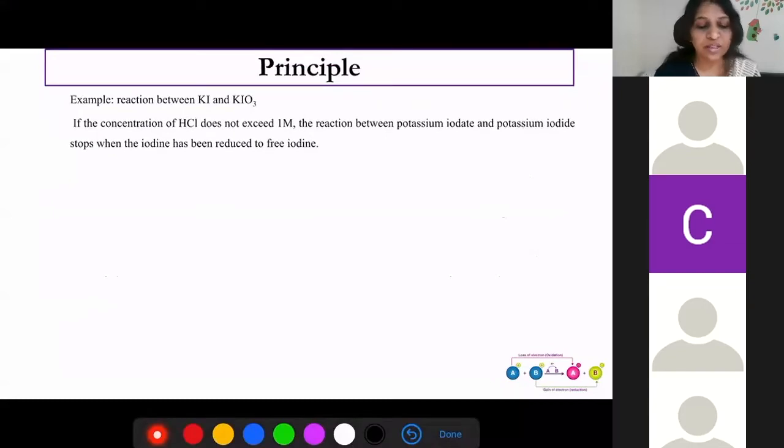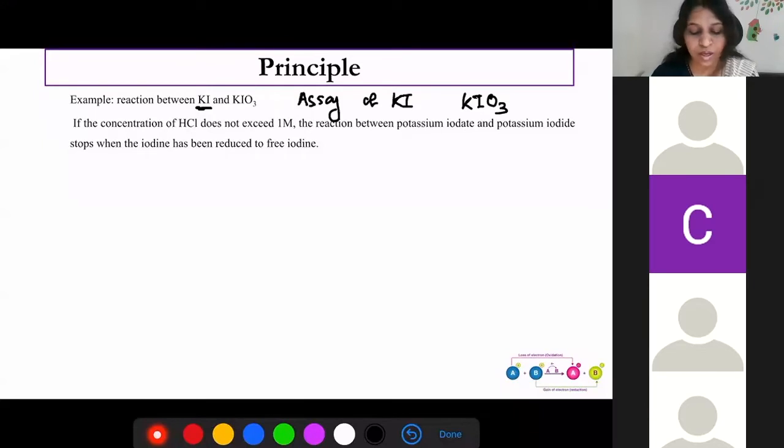We are going to look at the assay of potassium iodide. So we are taking the example where assay of potassium iodide is performed with the titrant KIO3. Do not get confused between iodide and iodate, because they sound similar but they are not the same.